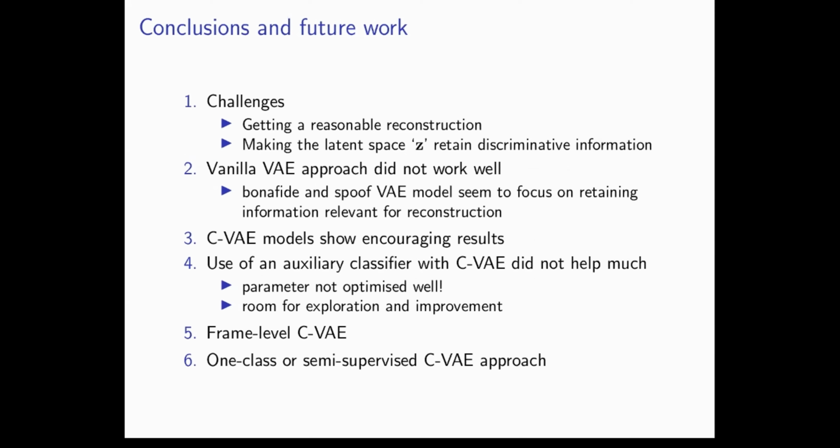Also, the auxiliary classifier didn't help much. One reason could be that adding the auxiliary classifier increased the number of learnable parameters, and in the case of the 2017 dataset the training data is quite small. Also, the parameters were not optimized much.